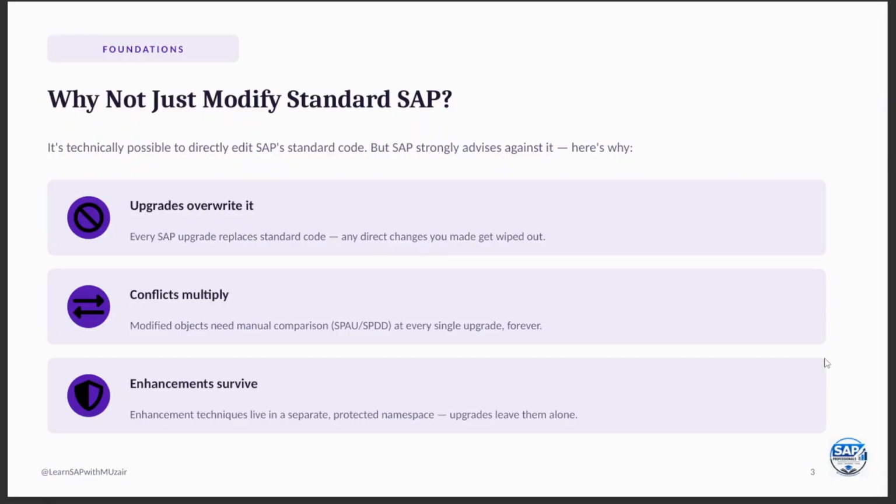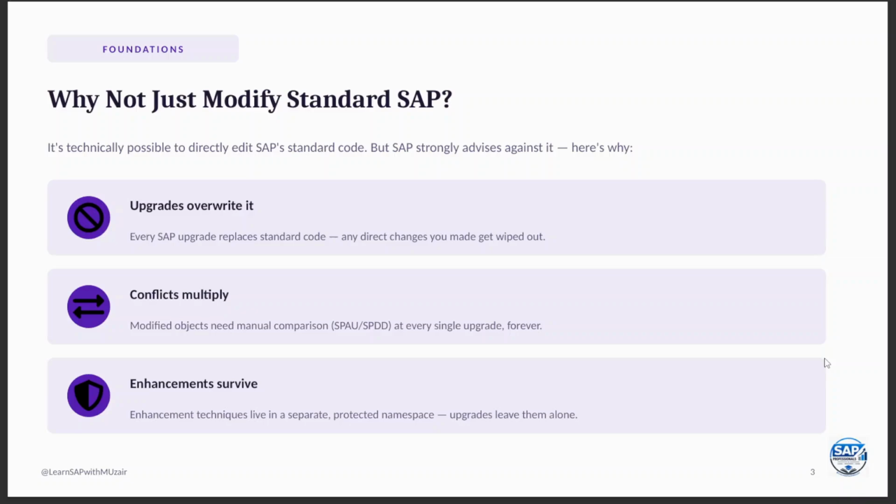The next point is, why not just modify standard SAP code or standard SAP logic? Now you might be wondering, why can't we just open the standard program and edit it directly? Technically we can, but SAP strongly advises against it, and here is why.